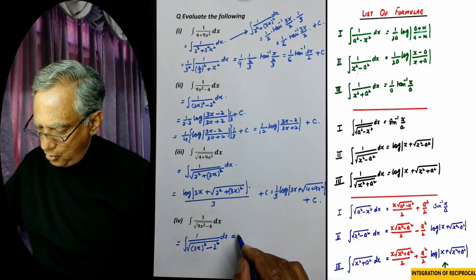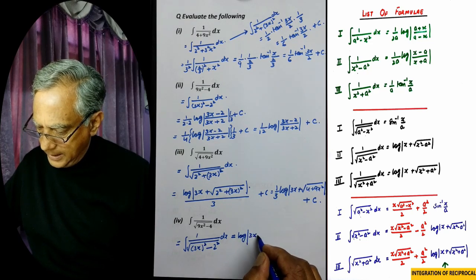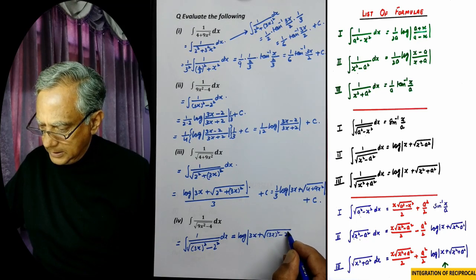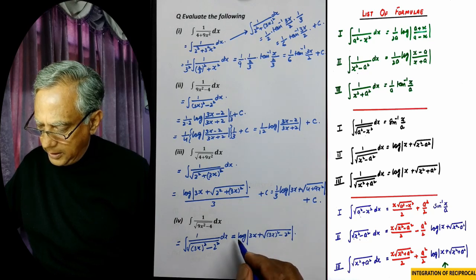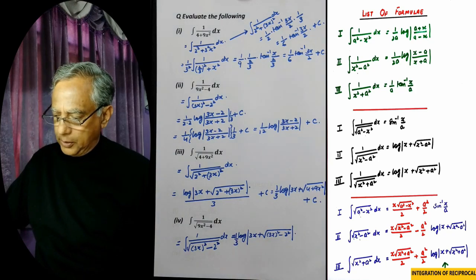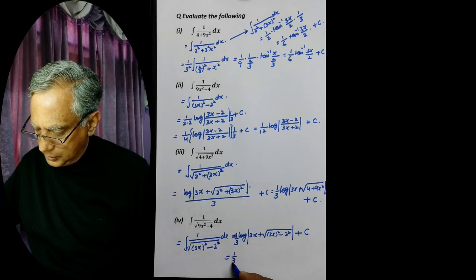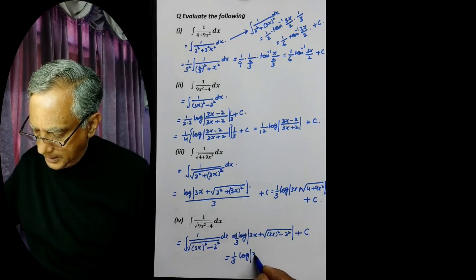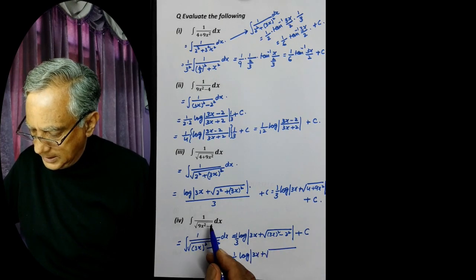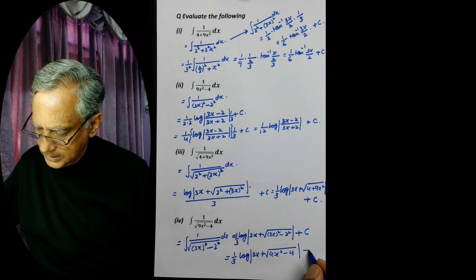So this is equal to log of x, so we have 3x instead of x, 3x plus under the root 3x whole square minus 2 square. And since we are using a formula for x for 3x, we must divide by 3, plus c. So this can be written as 1 by 3 log of 3x plus under the root, now this is same as 9x square minus 4, so this is 9x square minus 4 plus c.